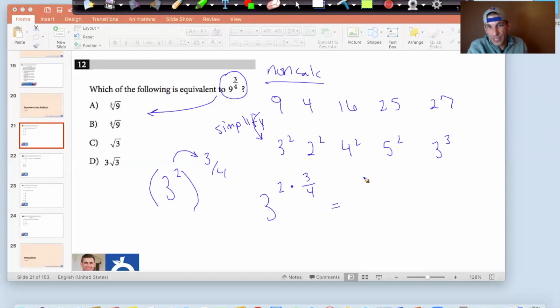Now what's going to happen is that my 2 and my 3/4 like this will simplify. This becomes a 1 and this becomes a 2. And because these simplify, now what I'm given is 3/2, right? So this becomes a 3 to the power of 3/2, which is a lot easier than a 9 to the 3/4, right?